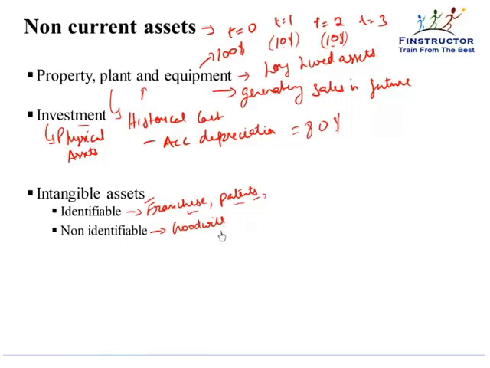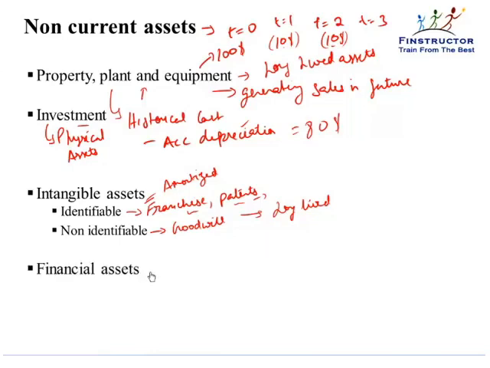A good example of a non-identifiable asset is goodwill. We'll study these assets in more detail again in the review on long-lived assets, but understand that just like property, plant and equipment is depreciated, identifiable intangible assets are amortized and are kept on the books at historical cost minus the amortization. Concept is very similar to the depreciation of tangible assets.